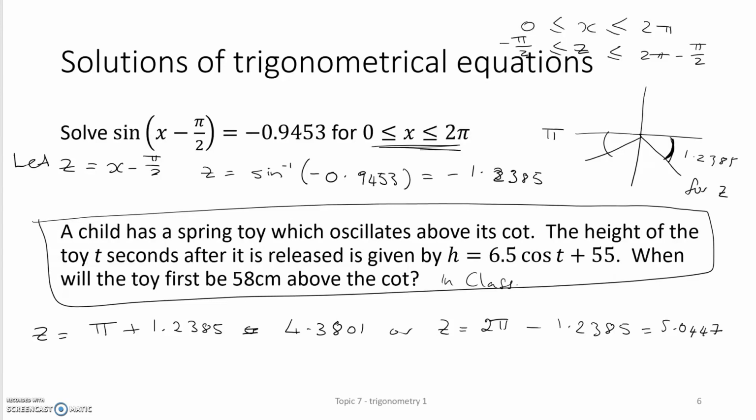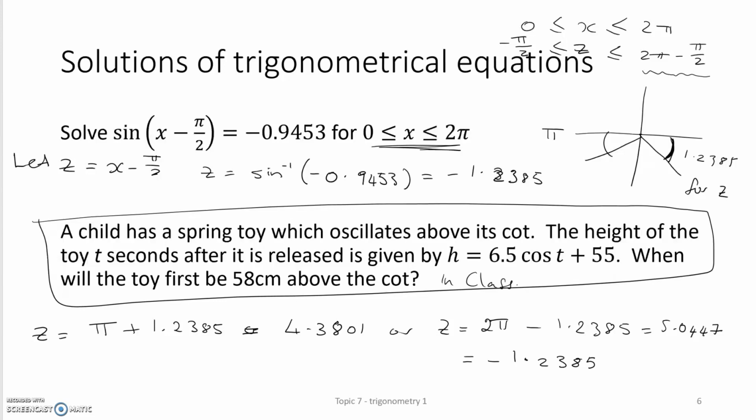Now, that's out of range. If we do the numbers on here, that's out of range, so we need to subtract 2 pi, and that'll give us negative 1.2385.